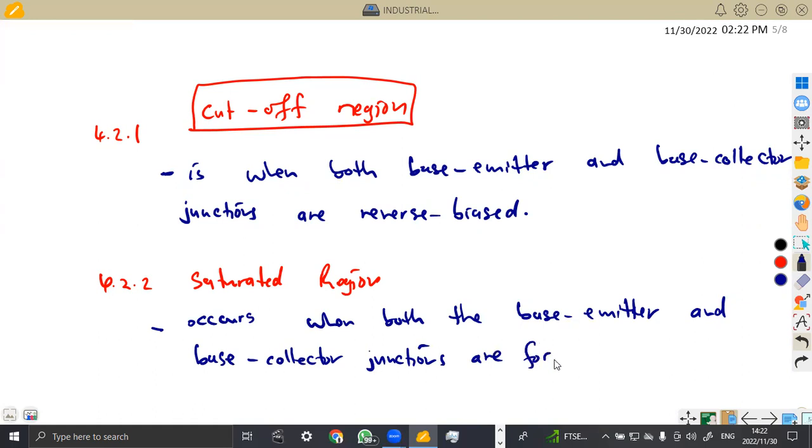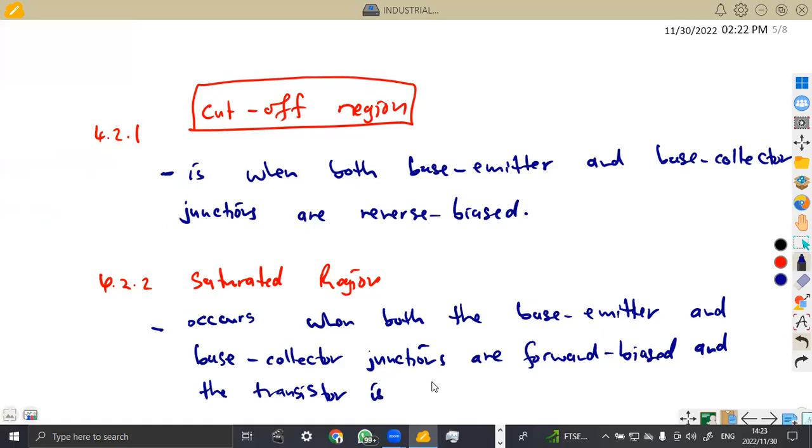So when they are forward biased, that is where it occurs. And as a result, the transistor is going to be fully turned on. Okay, it has to save after some time, so I have to give it some time.